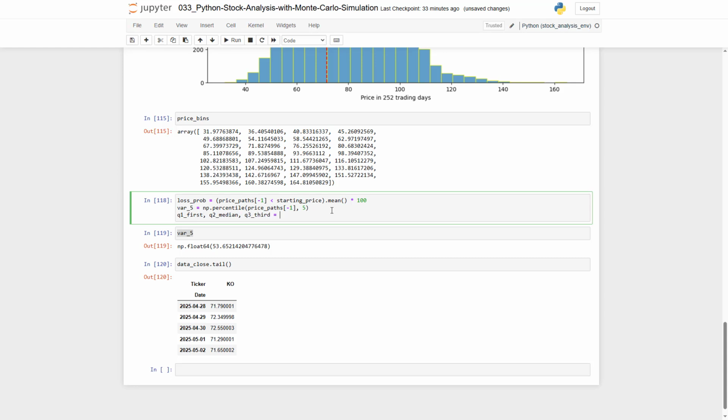Yeah, makes sense. So np.percentile, and this would be price_paths, taking the last day of the price paths, and then only taking care about the 25th, 75th, and 50th, somewhere between them.